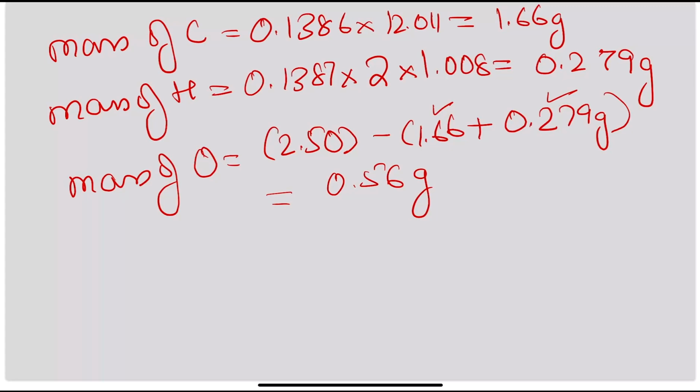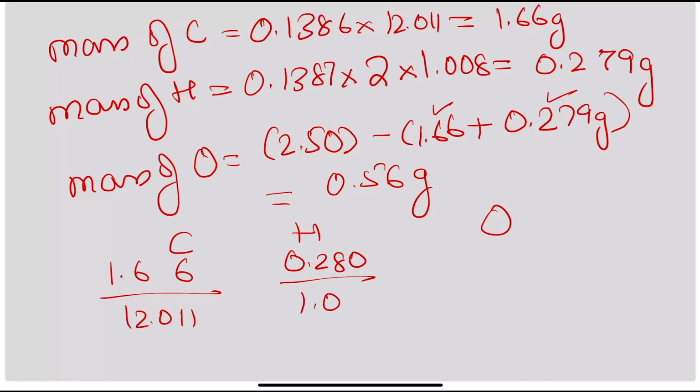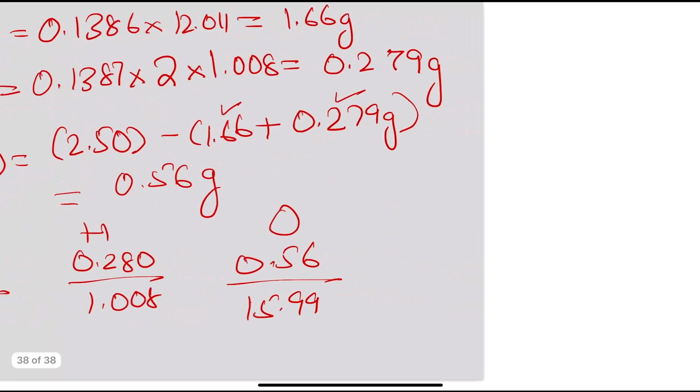After that, it's just going to be the same. So for C, H, and O, I take my mass and find the number of moles first. So this is 1.66 divided by 12.011. This is 0.280 divided by 1.008. This is 0.56 divided by 15.99.